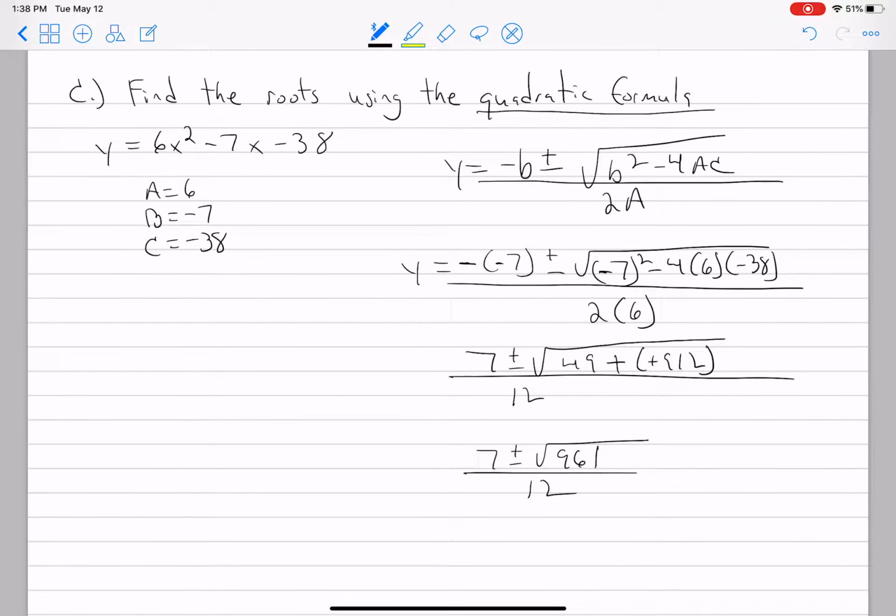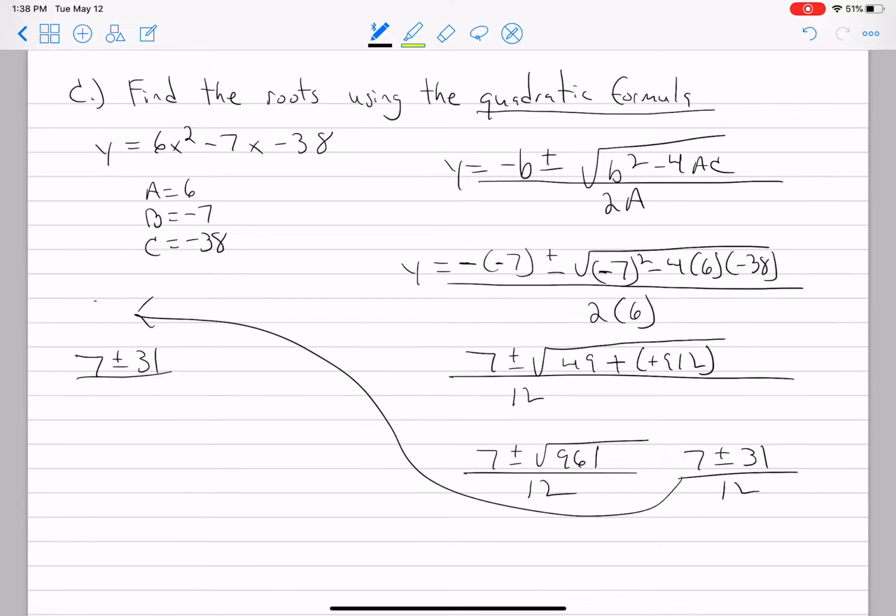I'm hoping 961 is a perfect square. Oh, look at that. It is 31. So I get 7 plus or minus 31 over 12. Okay? So I'm just going to move this up here. 7 plus or minus 31 over 12.